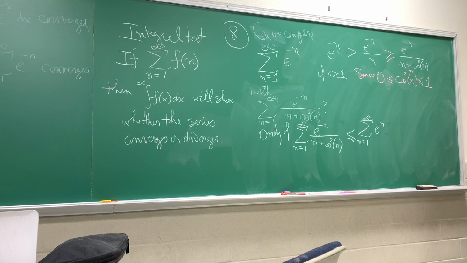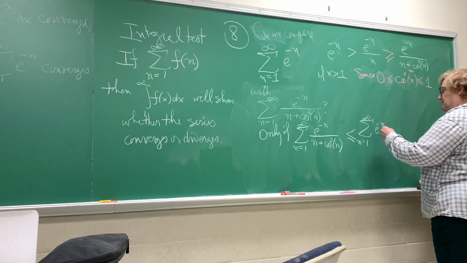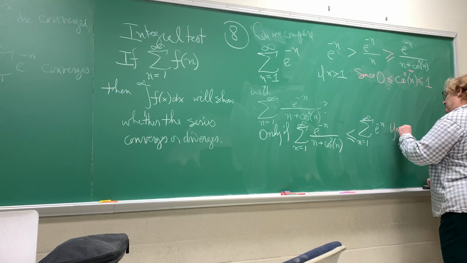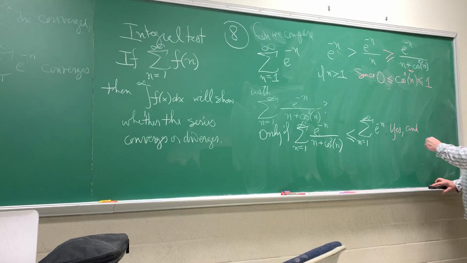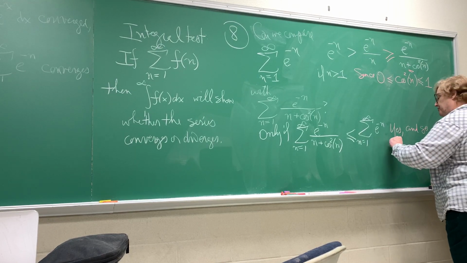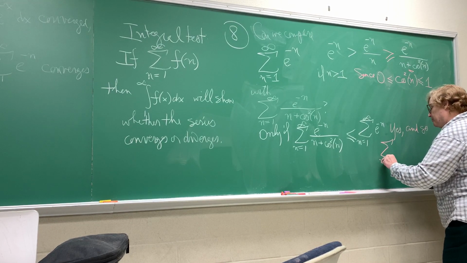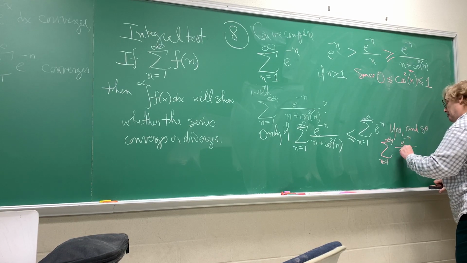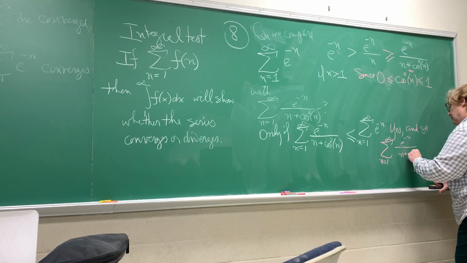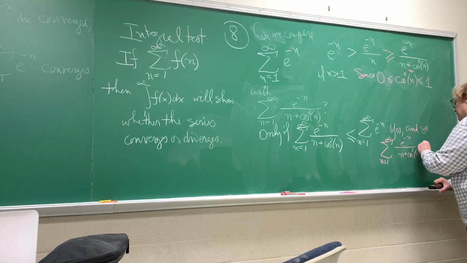So we're definitely increasing the size of the denominator and therefore decreasing the overall size. So can we compare those two series? Yes. And we don't know what it converges to, but we do know that the series n equals 1 to infinity, e to the negative n over n plus cosine squared n converges.